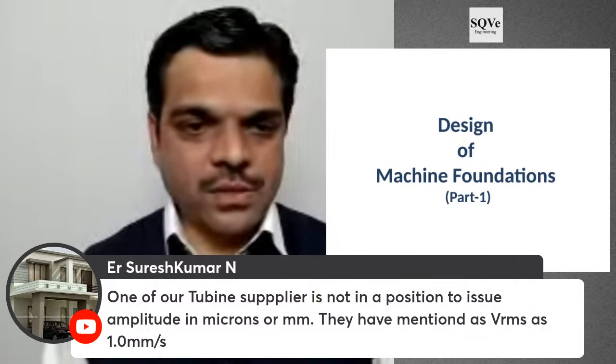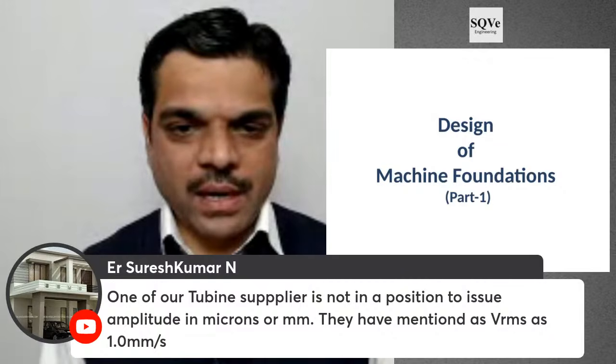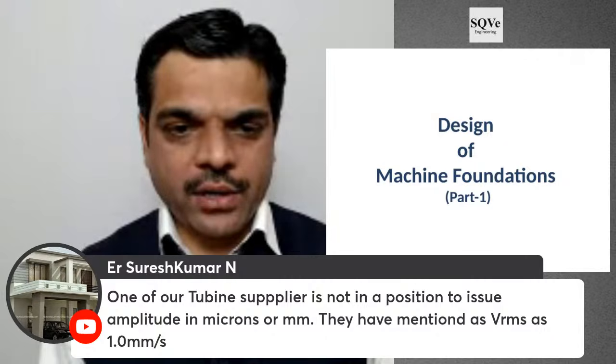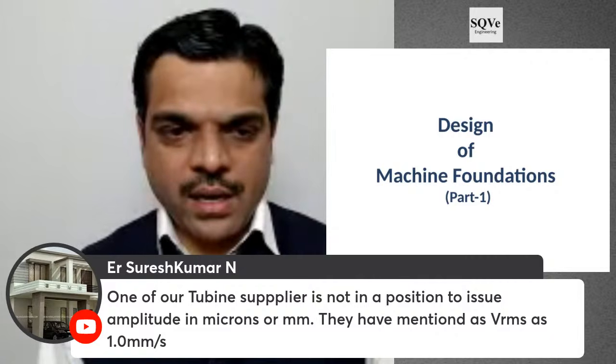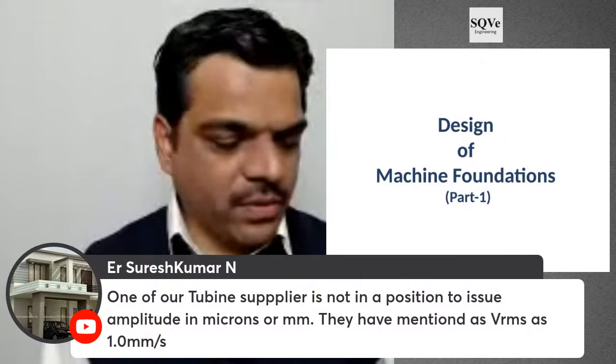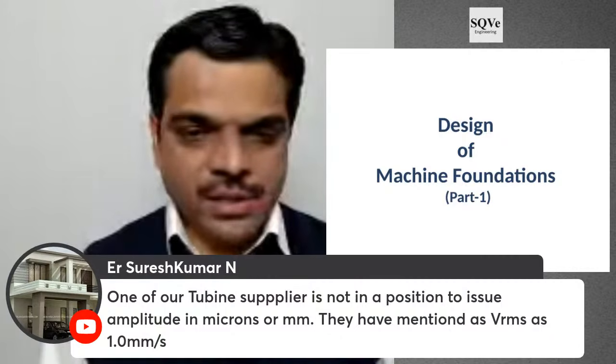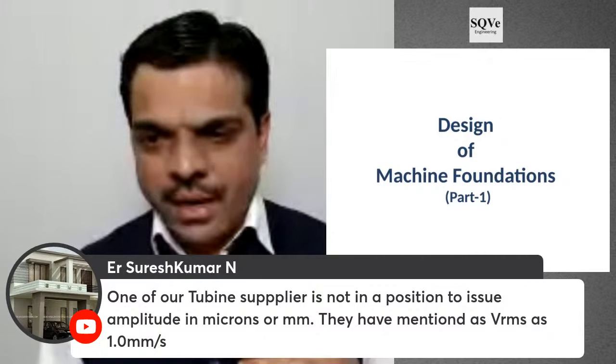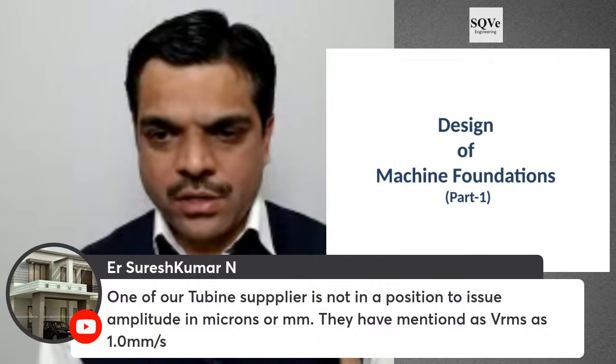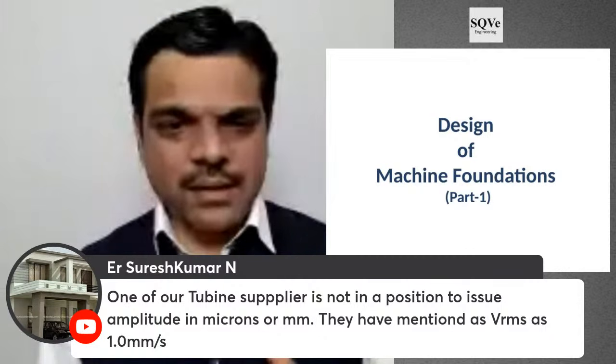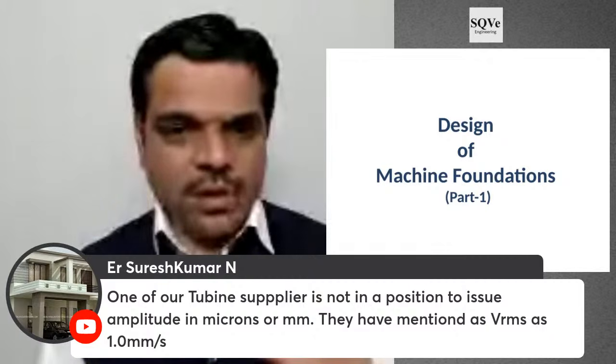Suresh Kumar is saying, one of our turbine suppliers is not in a position to issue amplitude in microns or mm. They have mentioned VRMS as 1 mm per second. Yeah, that's the velocity criterion they have mentioned, which is 1 mm per second. Whenever you go for the forced vibration analysis, you will be able to calculate this velocity.